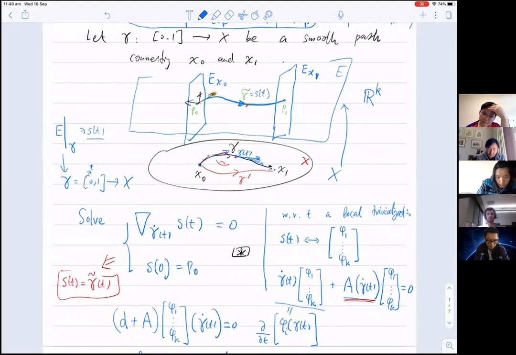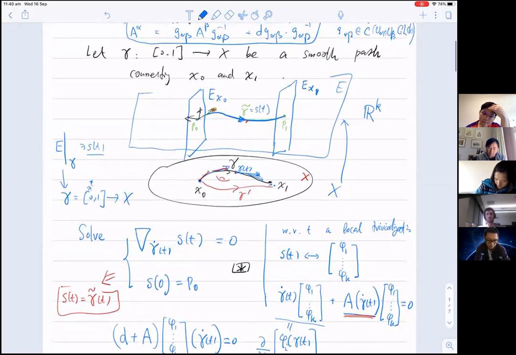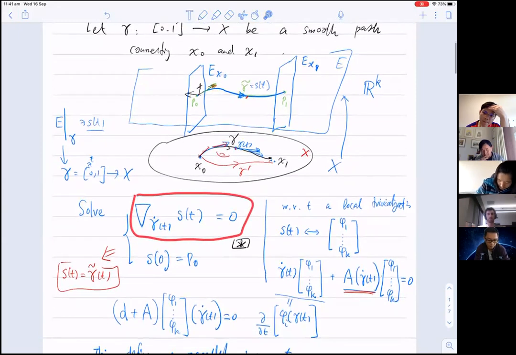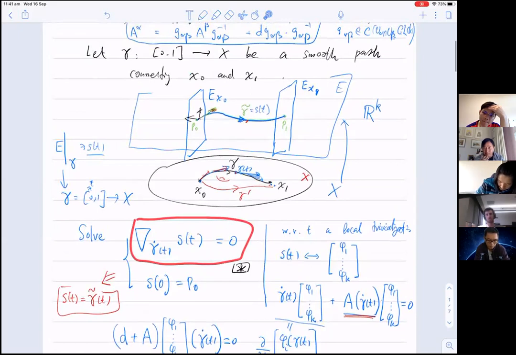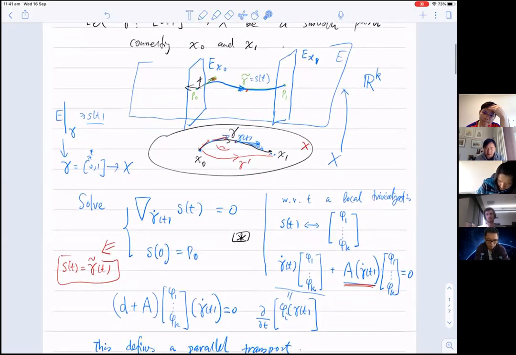Then with the connection, you can take a covariant derivative of your section along the tangent vector. In the same way, you solve this equation. Without talking about horizontal vector fields, I'm saying that the horizontal lift is solving this equation.